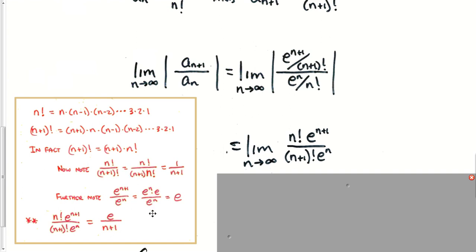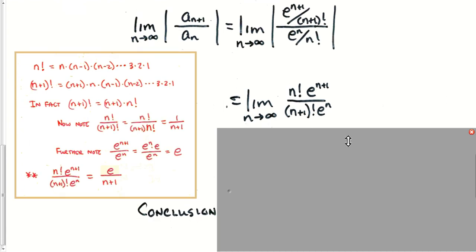So the e to the n's can certainly cancel, leaving us with just e to the first power, can't we? Having put all that together, this part of the fraction simplifies to 1 over n plus 1, and this part simplifies to e. And so the entire fraction that we're taking the limit of simplifies to e over n plus 1.